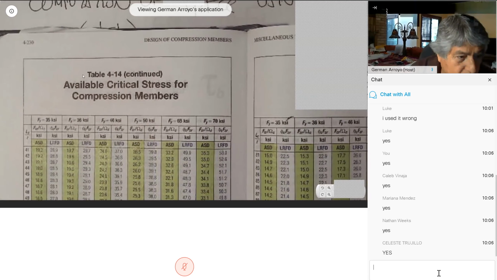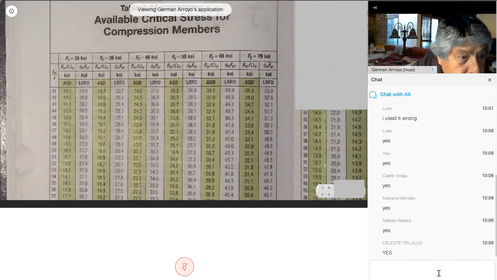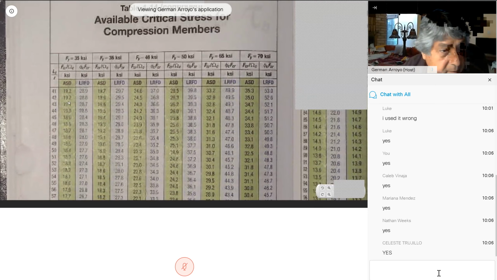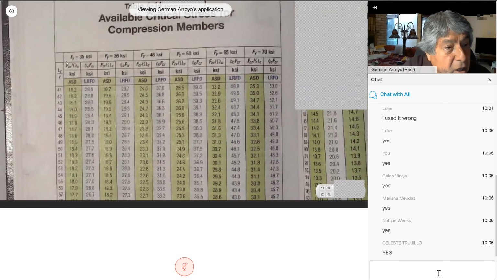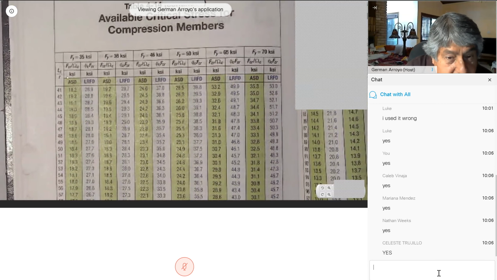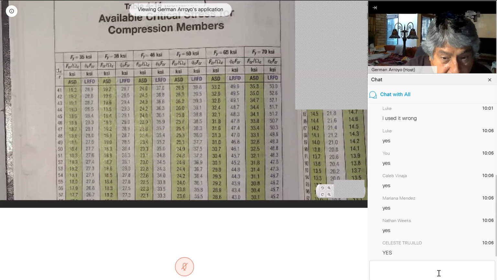Look, this table is the table that we're going to use all the time for column. And this table is based here on the left-hand side on the KL over R. This is the effective length, KL, and KL over R. So this is going to be the largest for any column, the largest value of KL over R. If there is no bracing and it's a Y flange, you're going to use KL over RY.